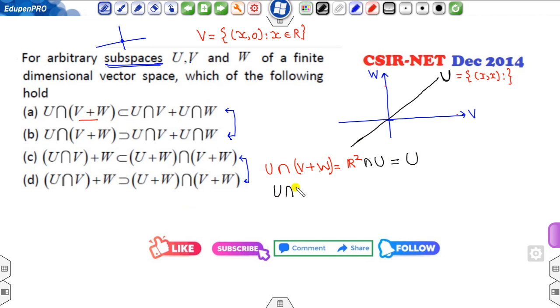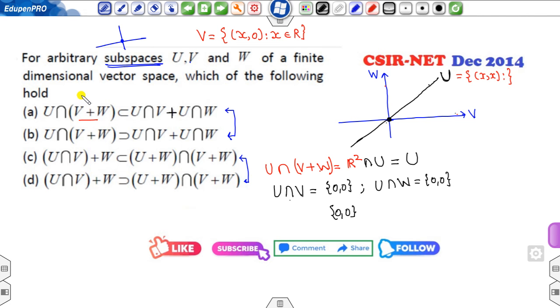What is the intersection of V and U? V and U intersection is only this point (0, 0). What is the intersection of U and W? U and W is again (0, 0). Then what is the addition of this? 0 plus 0 is 0. Fine.